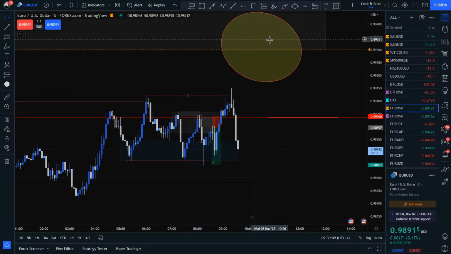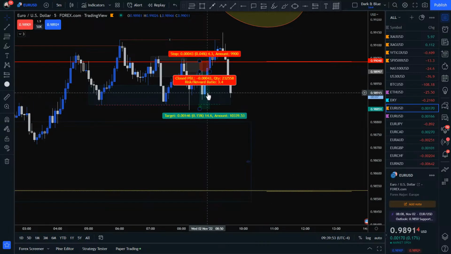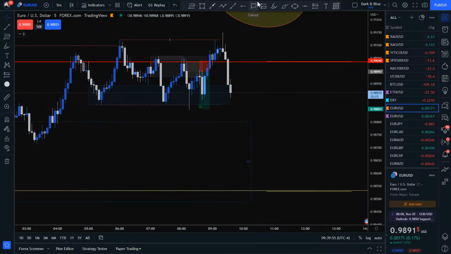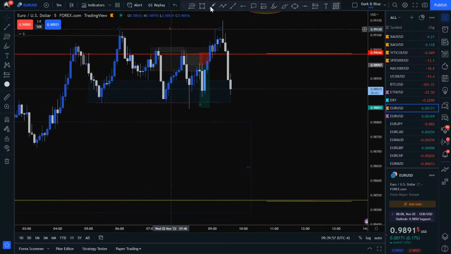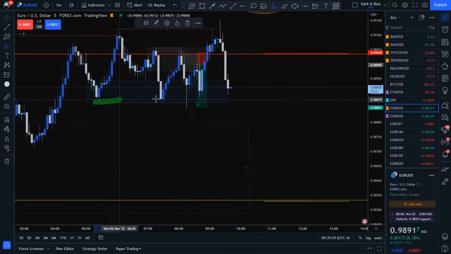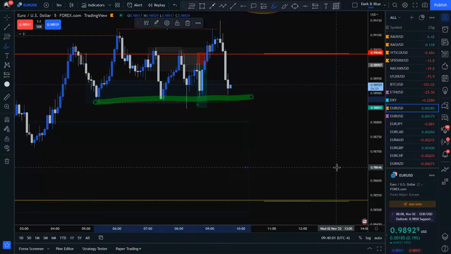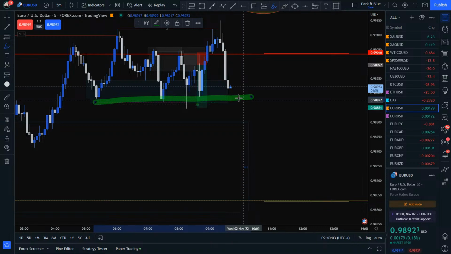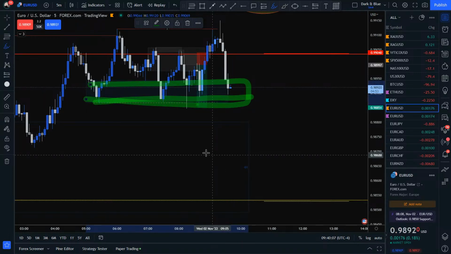I was looking for price to come up here because I believe there's going to be a high probability short, right? I didn't want to take a buy from here to up there. I'm not interested in that. But if price breaks this market structure here, with a break and close below, this is demand failing. You see demand failing.